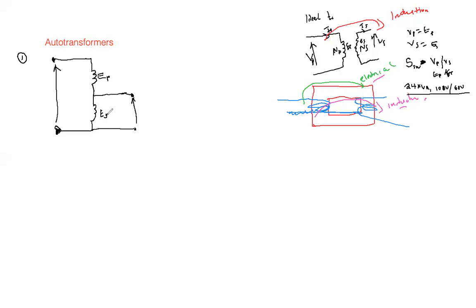Now, if I want to find the EMF on the primary side of the autotransformer, let me call that EPA, because now this is an autotransformer. This is a two-winding transformer. And then if I want to find the EMF on the secondary side of the autotransformer, this will be ESA.